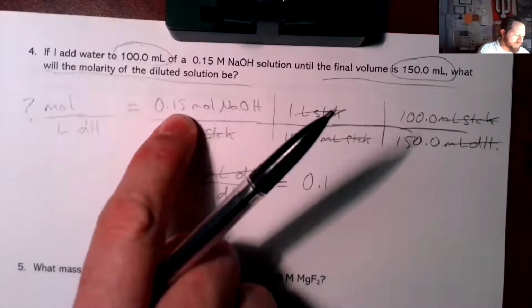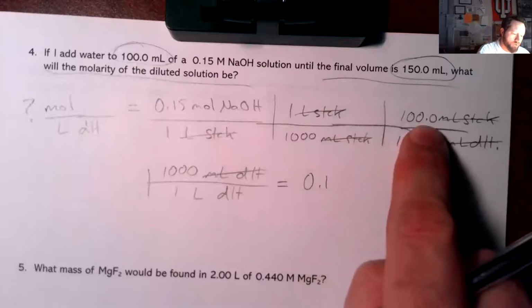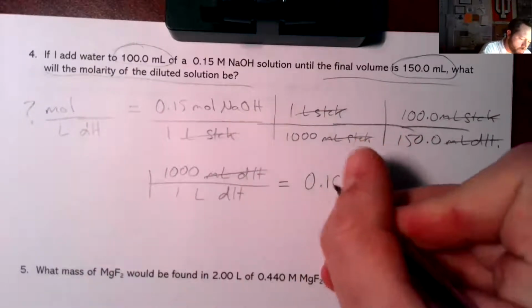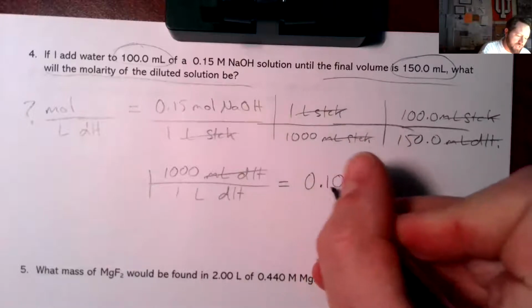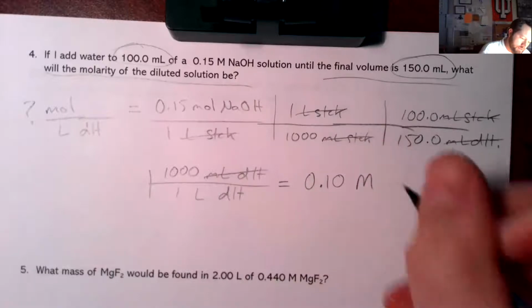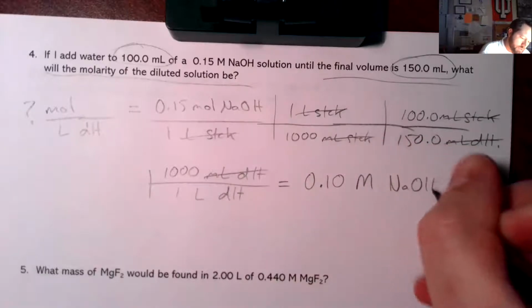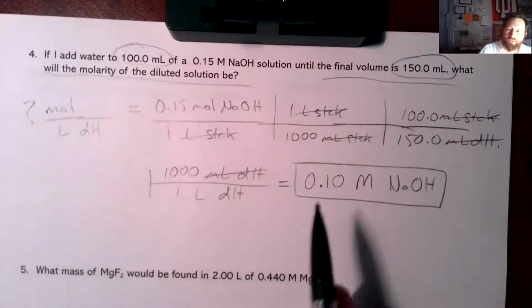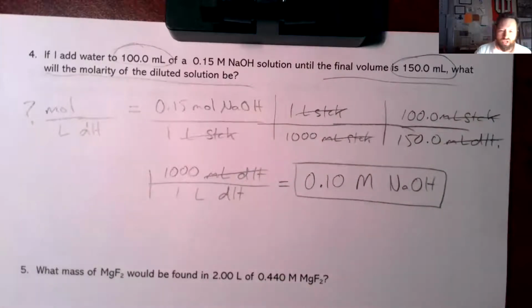Let's check our significant digits. I have 2 there, 4 there, and 4 there. I just want 2, but that means I need to add 1 more 0 to get this to be significant. 0.10, there's my 2 significant digits, and that is big M NaOH. So there's my new molarity of sodium hydroxide.